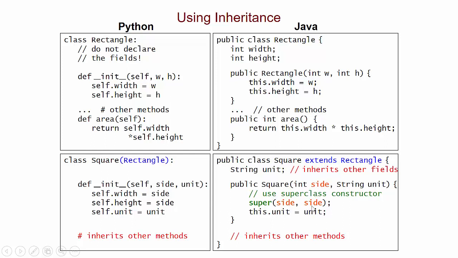We're passing that side value along to the rectangle constructor. So both the width and the height are getting that value of side, and then it is initializing the width and the height for us. And we can do the same thing over here in Python, but the syntax is a little different. You may recall this from when we did inheritance in Python.